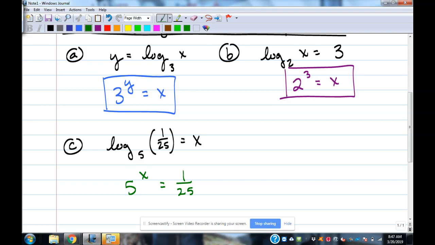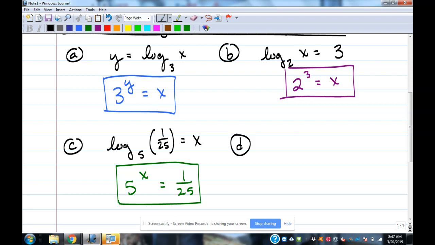So the idea here is that if we can rearrange a logarithm into an exponential, maybe we already have the skill set to solve those based on what we've already done. I may have said this in this class before, but one of the keys to being a good mathematician is making things look like things you already know how to do. And that's what we're doing here.